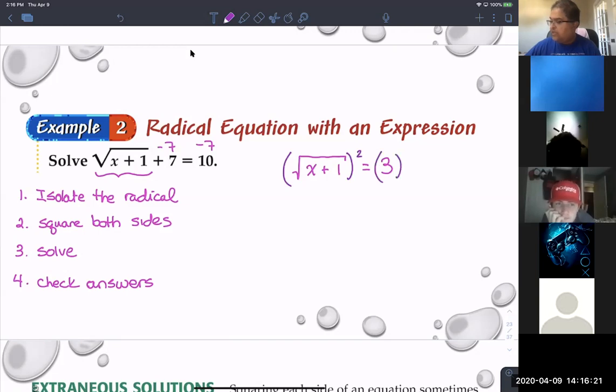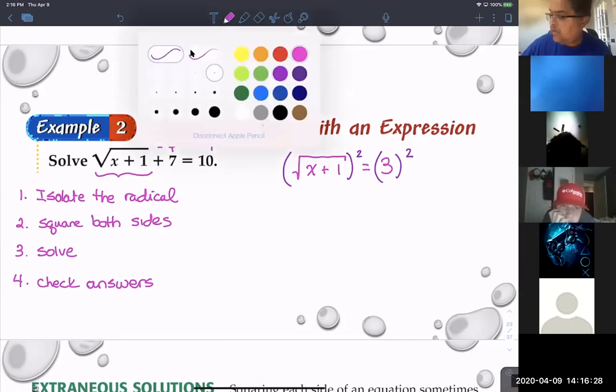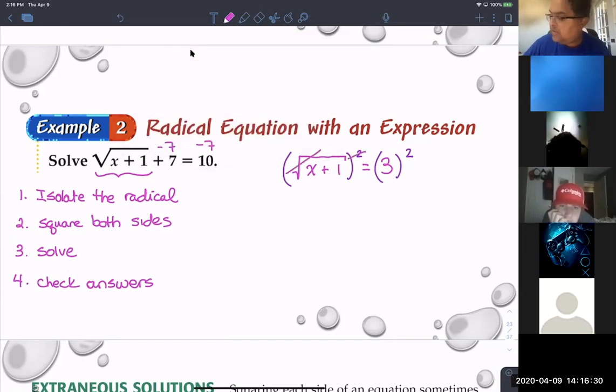And the reason we are going to square it is because when you square a radical, the radical sign goes away. So that just leaves me with x plus 1, or what's underneath the radical, equals 3 squared, which is 9. Now we're going to solve like we normally do by subtracting 1 from both sides. We're going to get x equals 8.